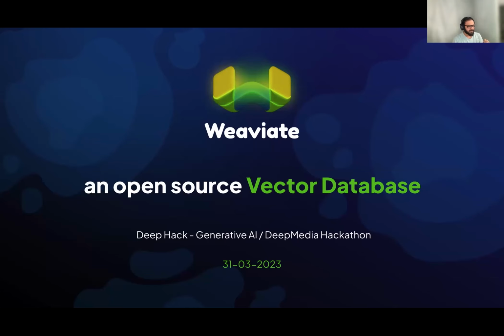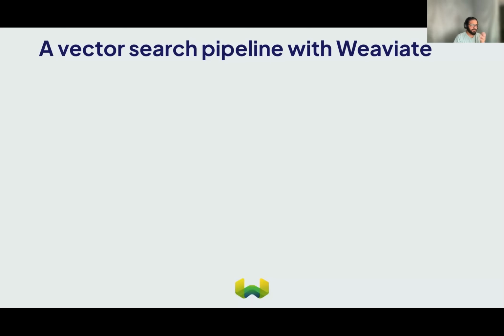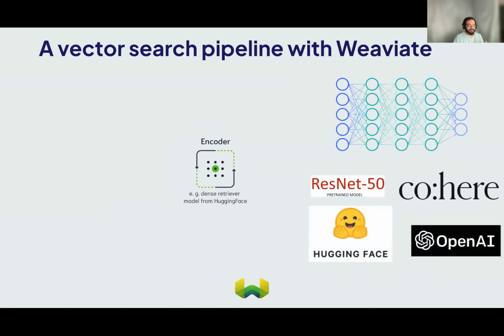And a vector database, I'm assuming a lot of people know what this is, but I'll give a quick 1 minute recap of this. So a vector database like Weaviate, essentially how it works is you start off with your encoder models. So these are machine learning models that any one of these companies like Cohere, OpenAI, Hugging Face host and create.